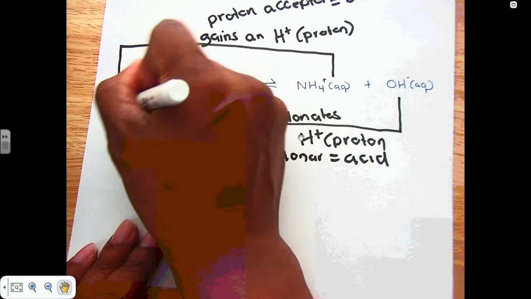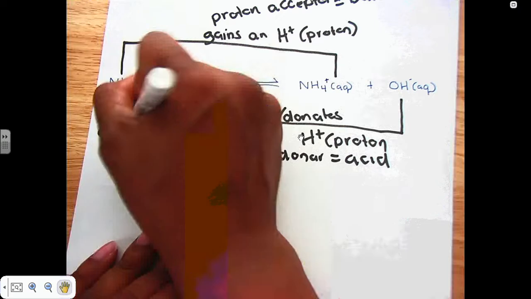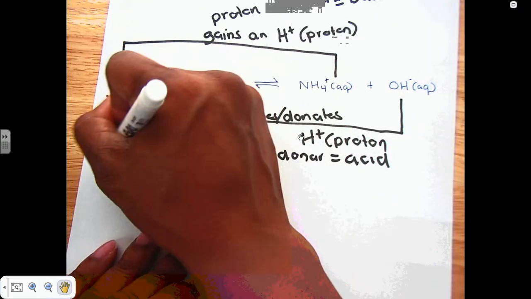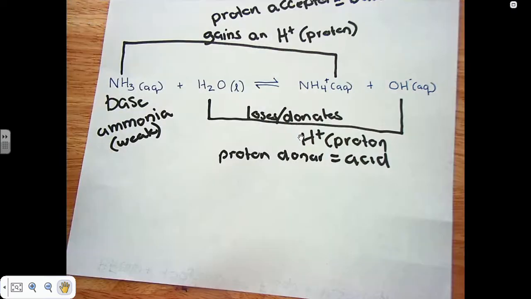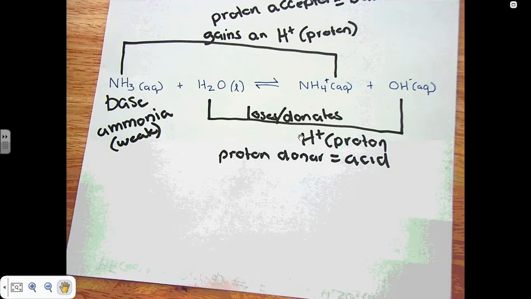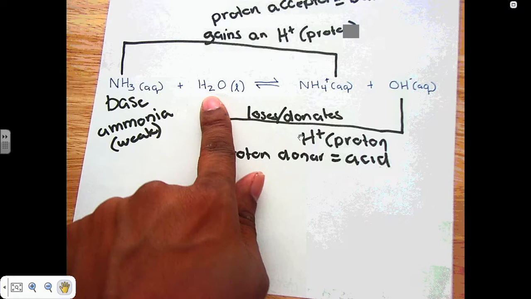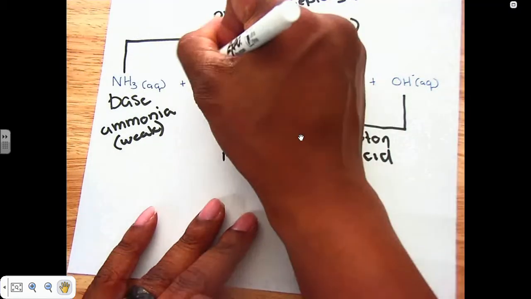This is our base. And in fact, this is a very common base that we talked about before, and it's actually a weak base technically, which means it doesn't completely ionize or hydrolyze, dissociate. That's ammonia. And then this is water, which I said can act as an acid or a base, but in this case, it's an acid.